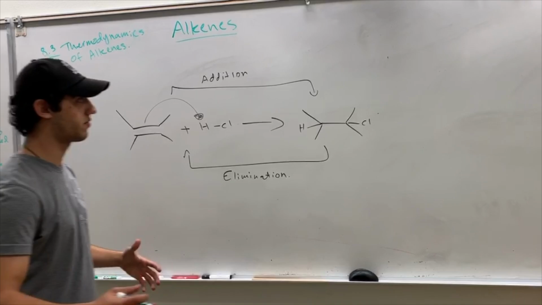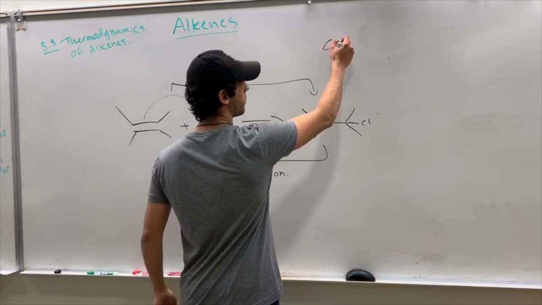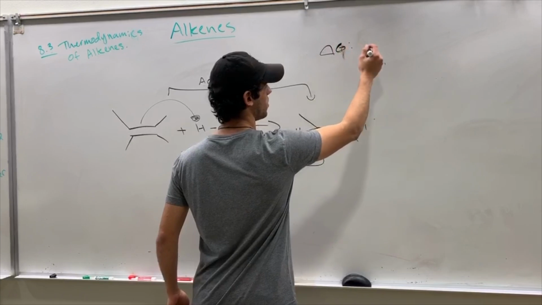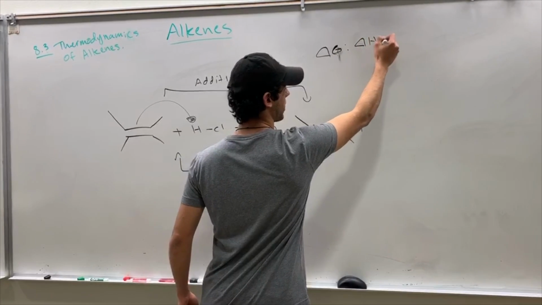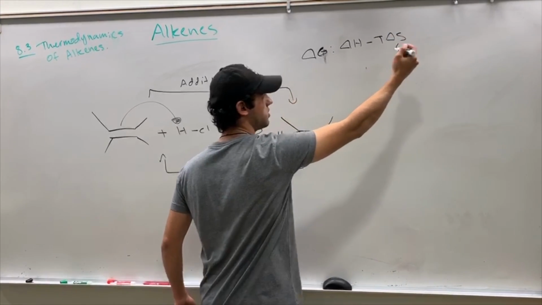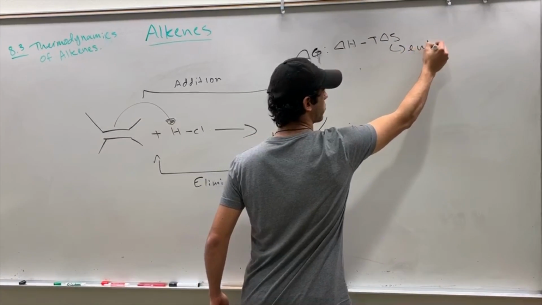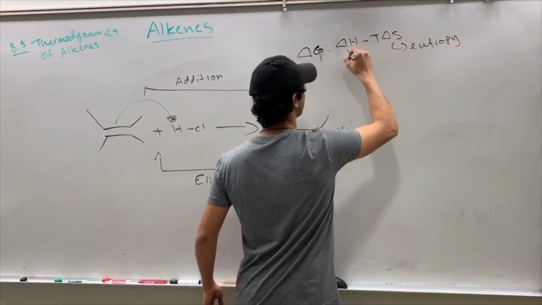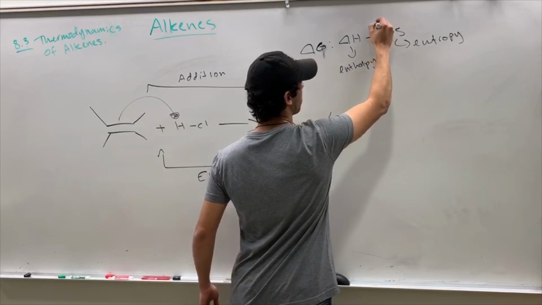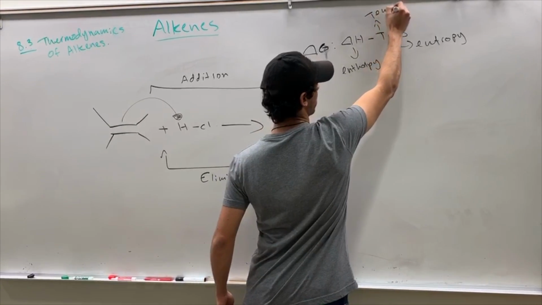How would I know? Thankfully, we have the Gibbs free energy, right? Which is delta H minus temperature multiplied by delta S. Delta S is your entropy, delta H is your enthalpy, and T is your temperature.